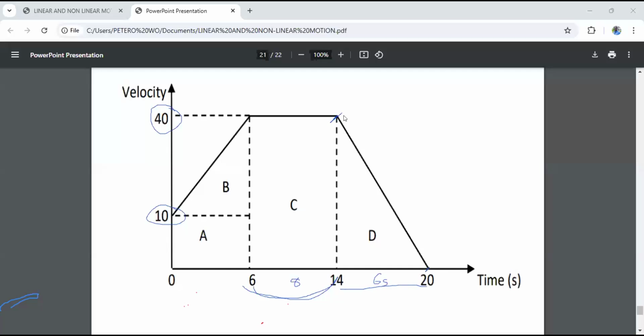So we say there is uniform deceleration from 40 to rest, or to 0 meters per second, in 6 seconds. So that is how we can describe a motion graph.